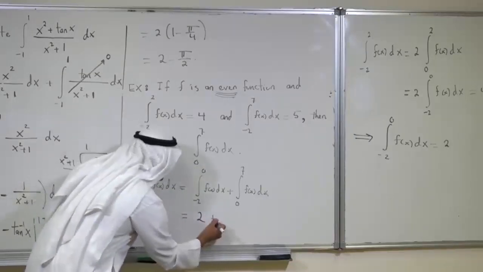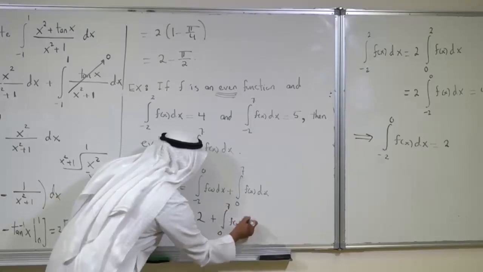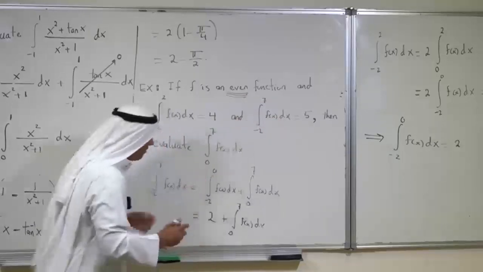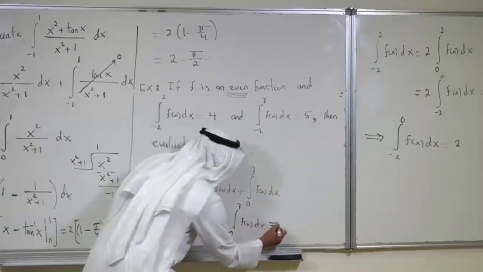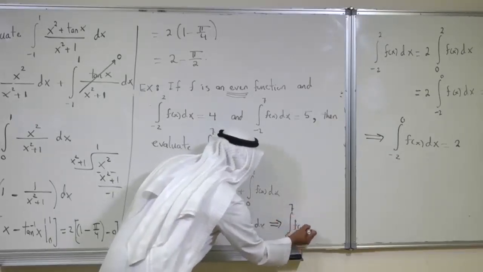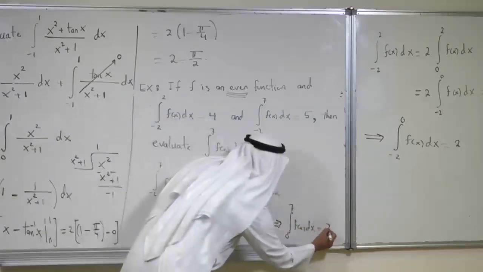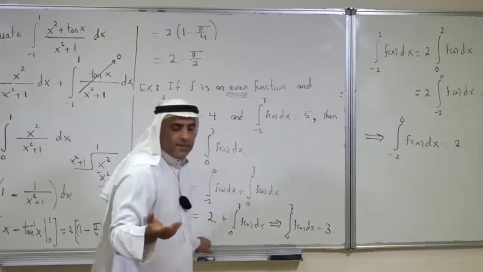This is the thing we need to find, the integral from 0 to 7 of f of x dx, and we are given that -2 to 7 is equal to 5. Okay, you can now easily see that the integral from 0 to 7 of f of x dx is equal to 5 minus 2. That is equal to 3.